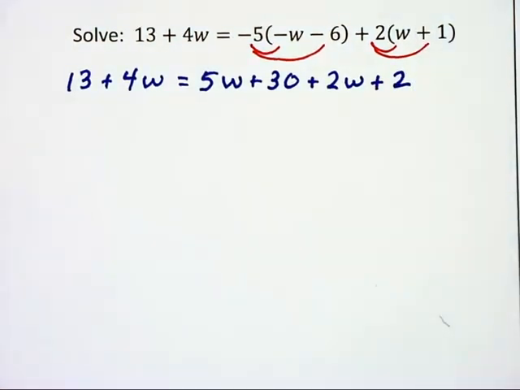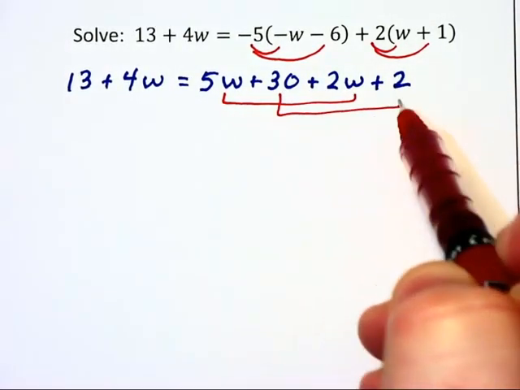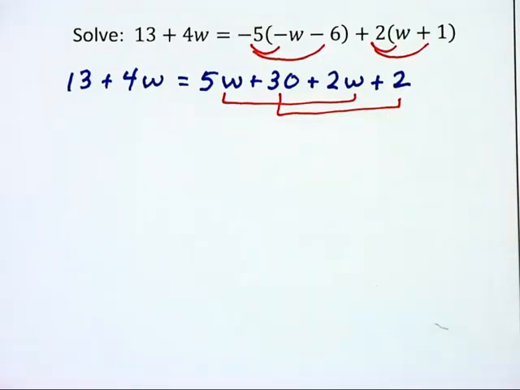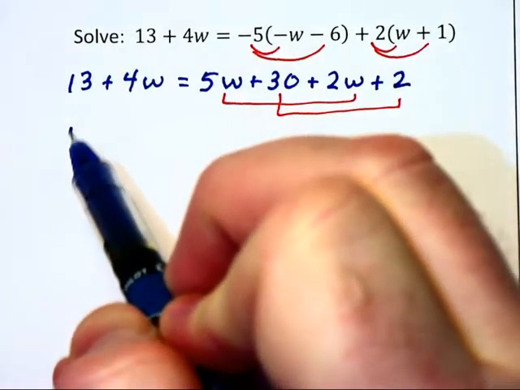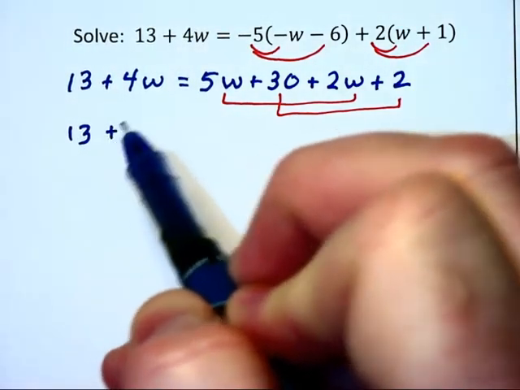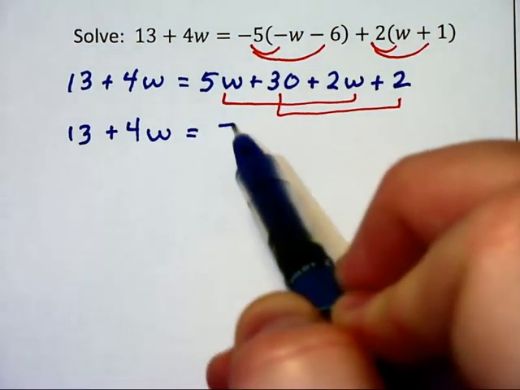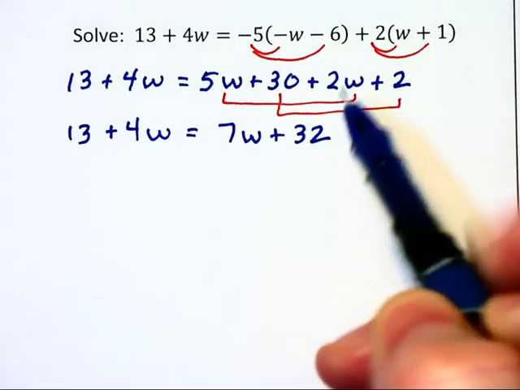The second thing we want to do is combine like terms on each side of the equation. Now on the left side we don't have any like terms, but we do have two sets of like terms on the right, which I'm going to combine. So the left is going to remain 13 plus 4w, and the right side is going to become 7w plus 32.